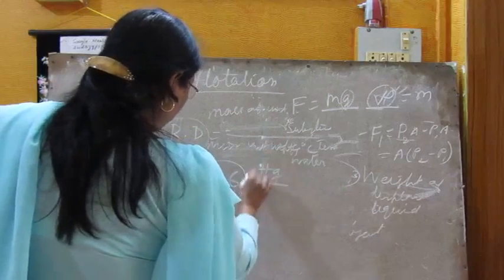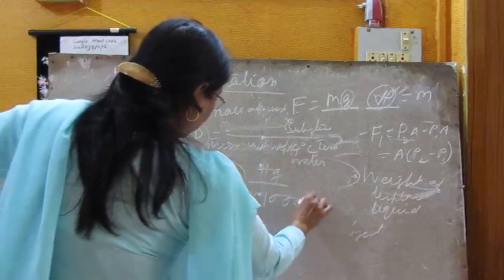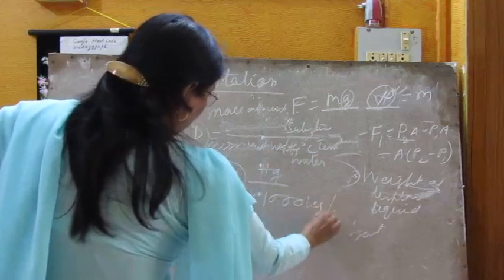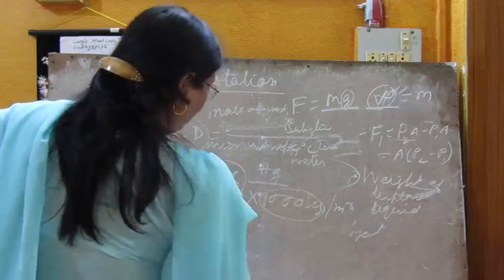You have to multiply this by 1000 kg per meter cube, because this is the density of water.